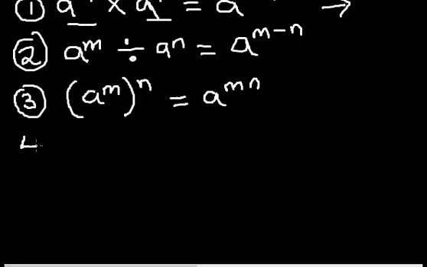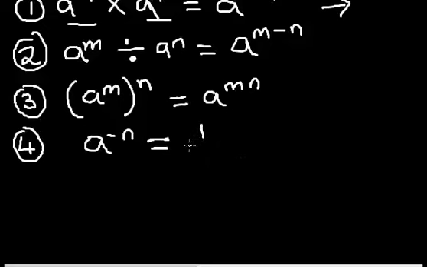The next law I'm going to introduce, law number 4, I call the reciprocal law. What's reciprocal? Anytime you have an index having a negative power, it's called reciprocal. Now, how do I evaluate the reciprocal? It simply means that I will do 1 all over a raised power n. If I want to remove the minus power, I just do the reciprocal, 1 all over a, then raised power n.